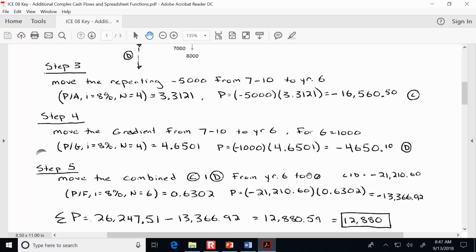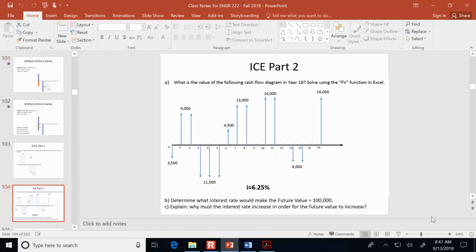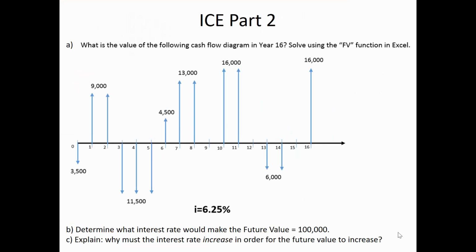So in this cash flow diagram we're looking at for this next in-class exercise, all right, so it says we need to move it all to year 16. So in this case it'll be years until year 16. Because remember, our end value won't just be what year it's already in.